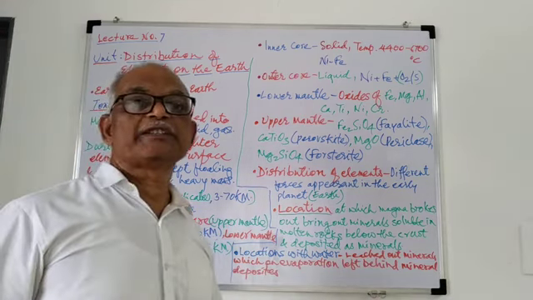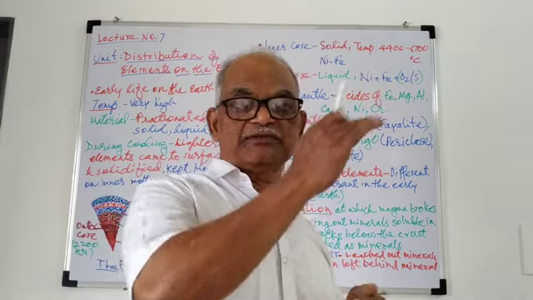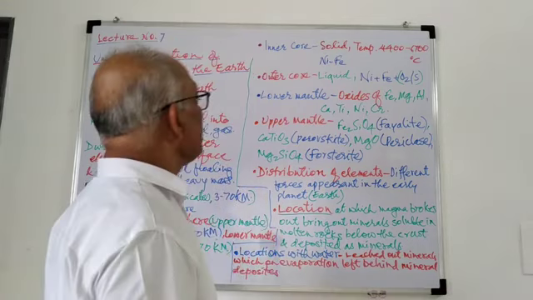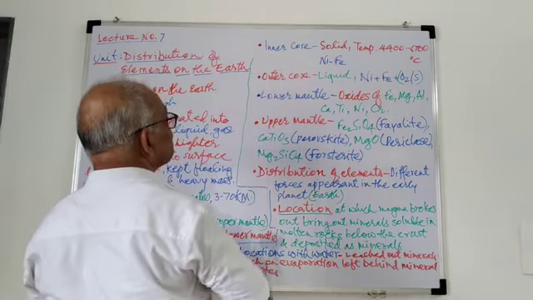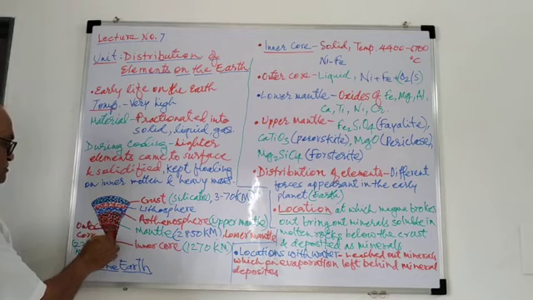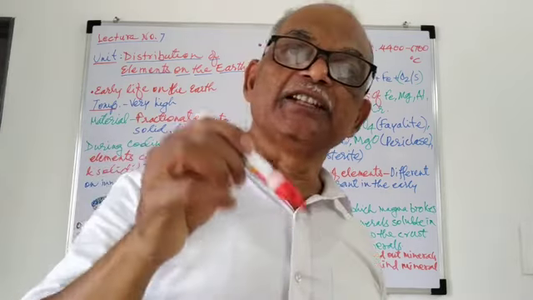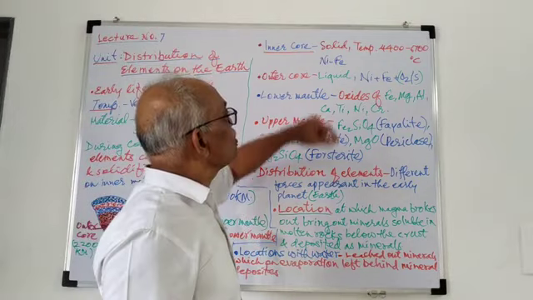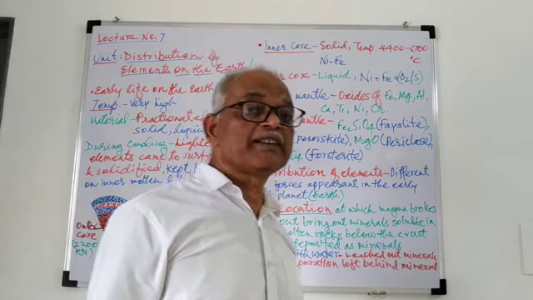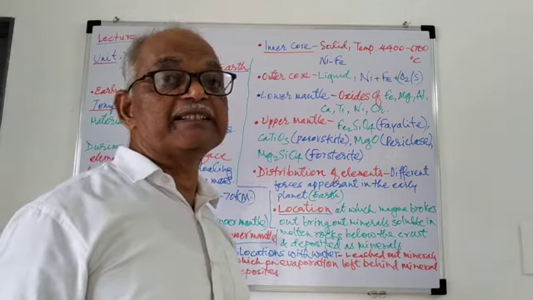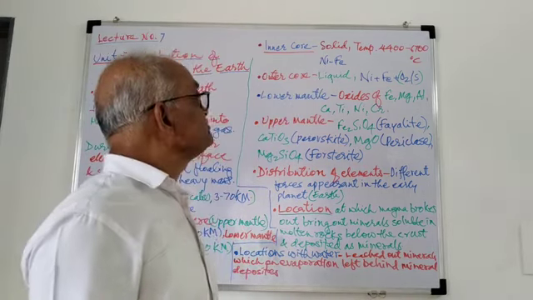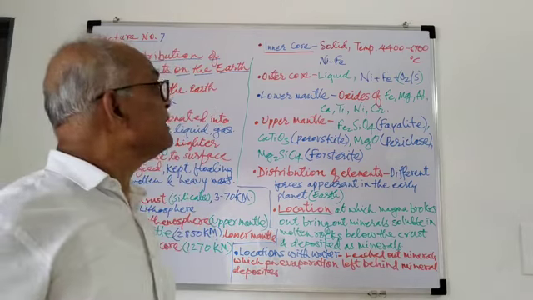Now we will see what is present in the various layers inside the earth and on the surface of the earth. Now if we see the inner core, that is present at the center of the earth. It is solid, having temperature 4400 to 6700 degrees centigrade, and it contains nickel and iron as the core elements.